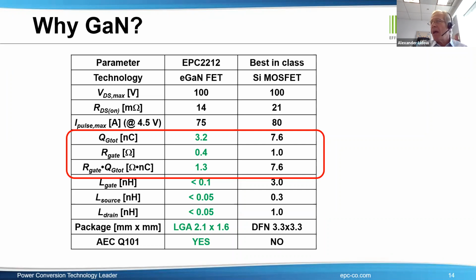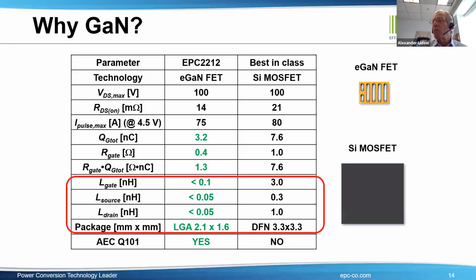However, there is more. And we will explain in a little bit more detail that one of the biggest limitations is actually the inductance in the circuit. And so remember, because you'll need this information later, look at the comparison of the inductances. And that's by virtue of the fact the silicon MOSFET is a much bigger chip, but it's also in a package. And it needs to be in a package because it's a vertical device rather than a lateral device.